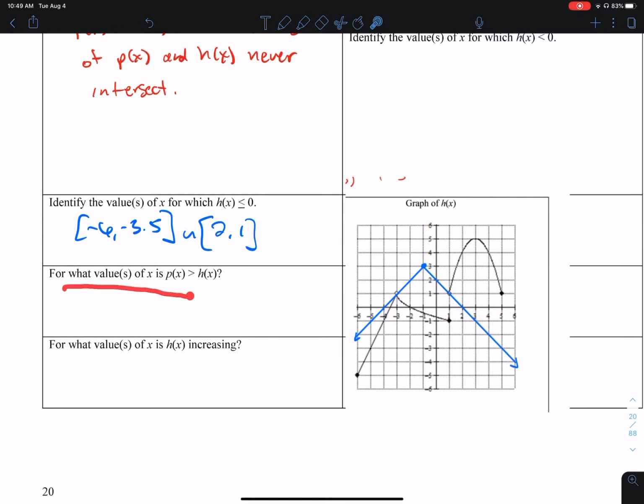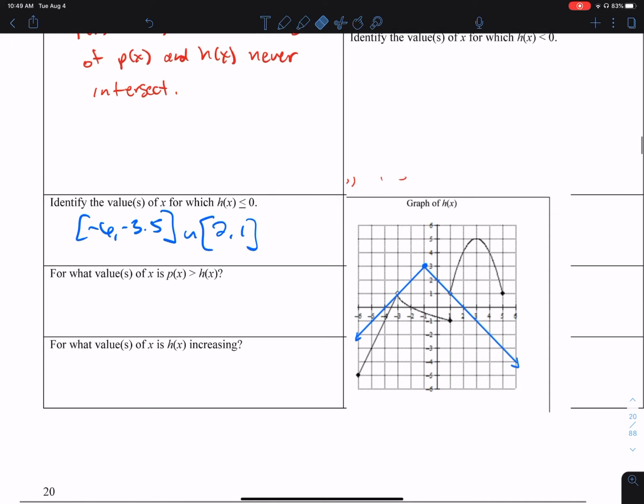For what value of x is p of x bigger than h of x? P of x is above from here all the way over to here, but we don't include this number because there's no x value for h of x.